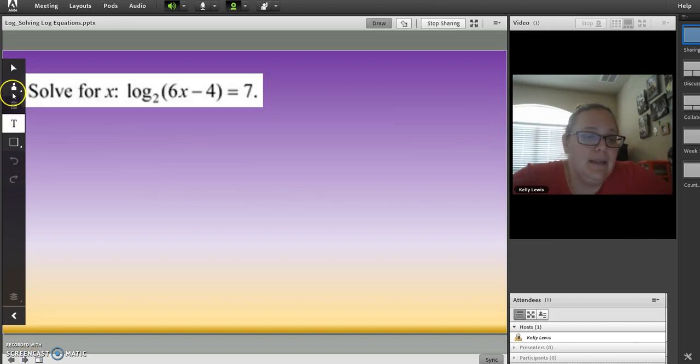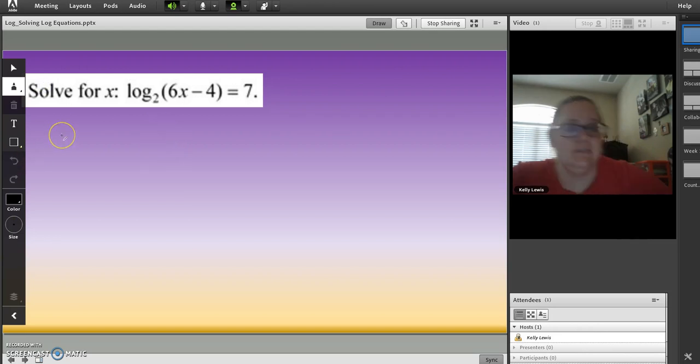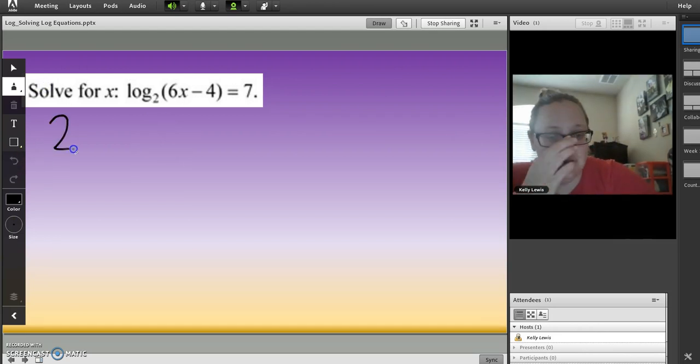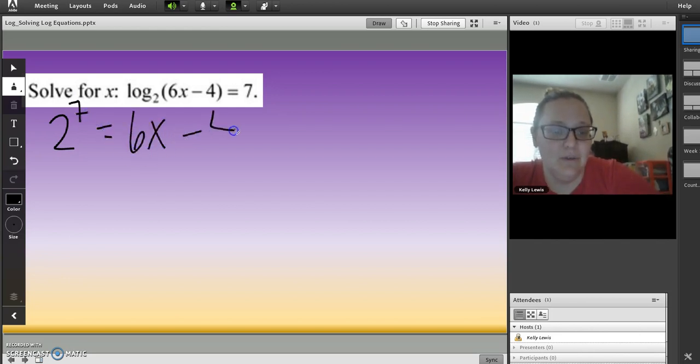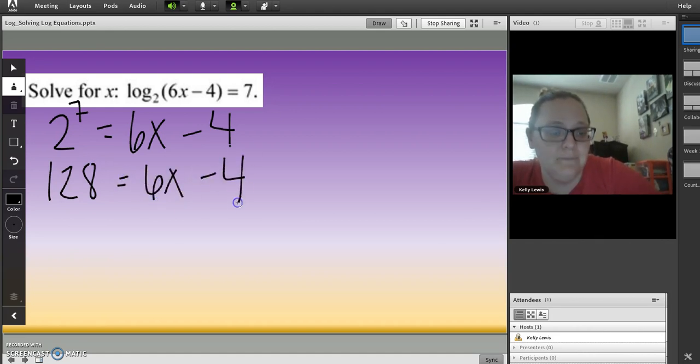All right, so we did one like this before. Let's do it again. We're going to rewrite it using exponential. So 2 to the 7th equals 6x minus 4. 2 to the 7th is 128, equals 6x minus 4. 128 is a constant, so I'm going to move this constant over with the opposite operation.